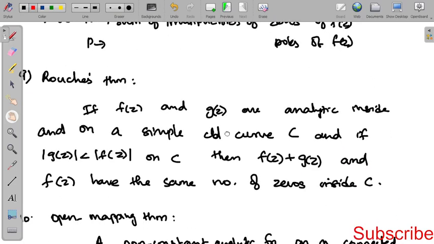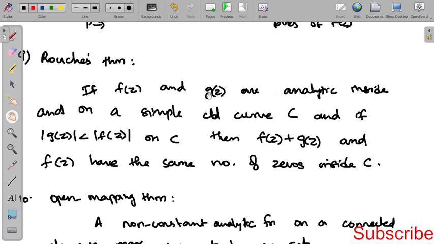Then Rouche's theorem: let f(z) and g(z) be analytic inside and on a simple closed curve. For all these theorems, residue, argument, Rouche's, the point you have to take is inside and on the simple closed curve, and the condition is given here: mod g less than mod f. Then f plus g and f have the same number of zeros.